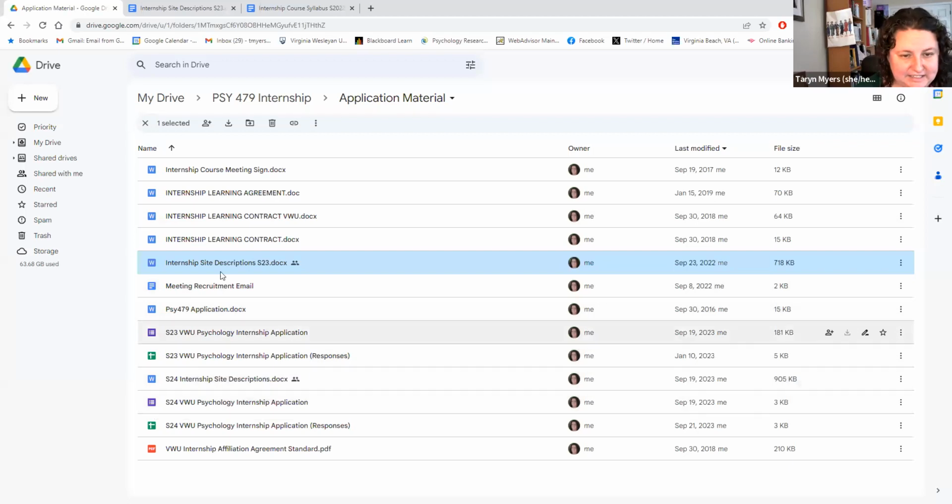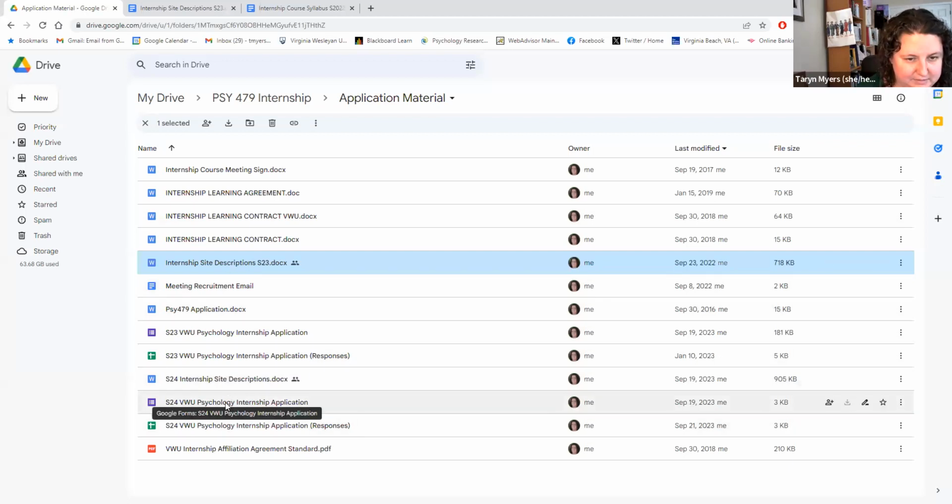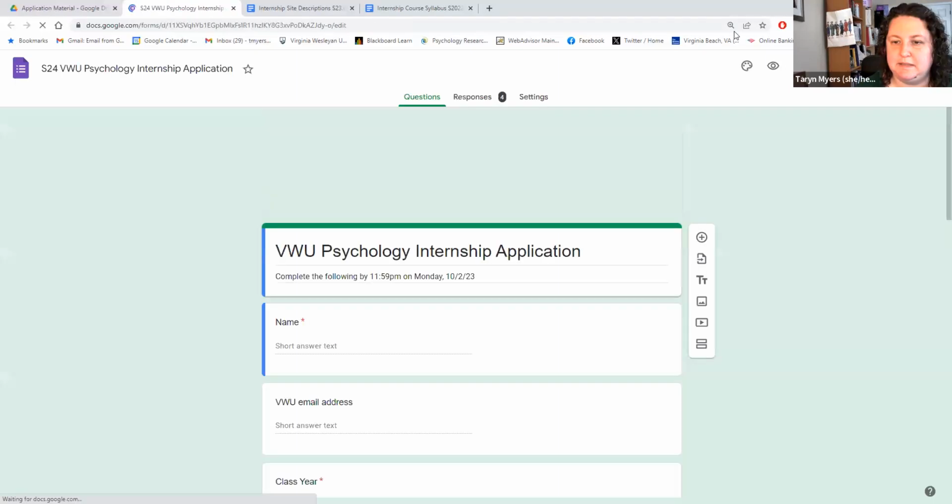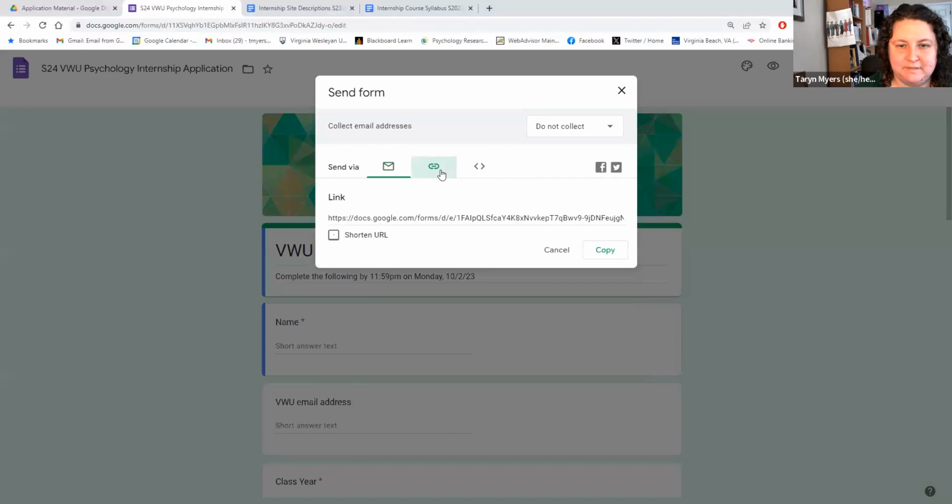The last thing that I sent out in the email, and I can reshare this in the chat in a second, is the application. Let me grab the link for y'all and make it a little easier to copy.